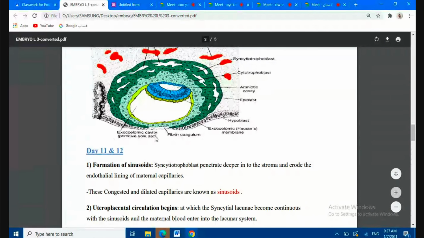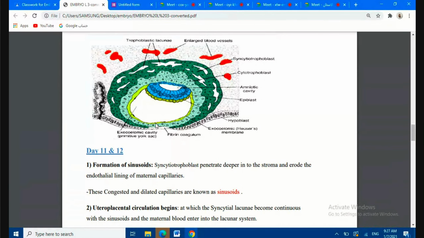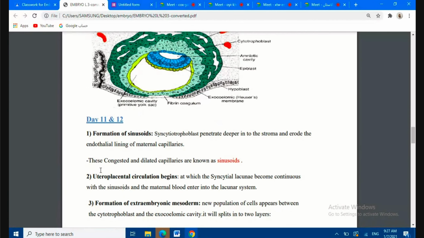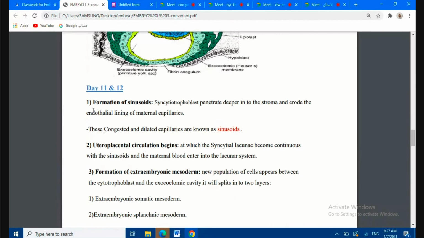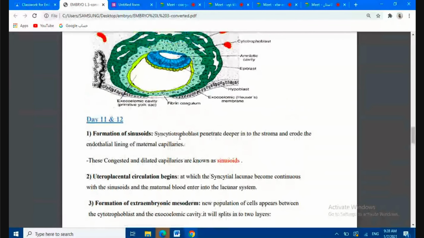So after implantation, it tries to fixate and look for food, right? It looks for nutrition and oxygen. So in the second week we see the embryo trying to have a system for nutrition. The formation of the sinusoids is an event that happened at day 11 and 12, and this happened in the outermost layer, the syncytial trophoblast.